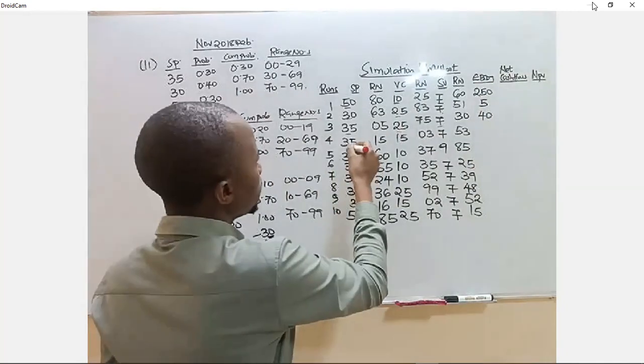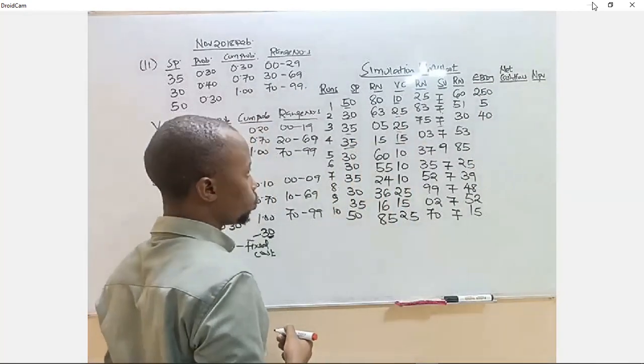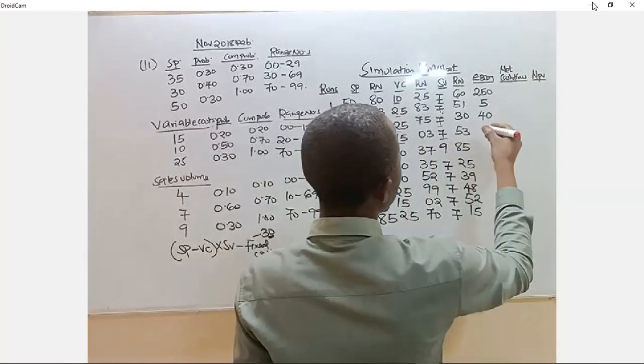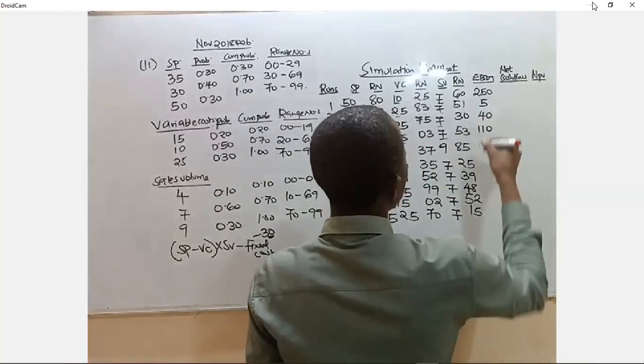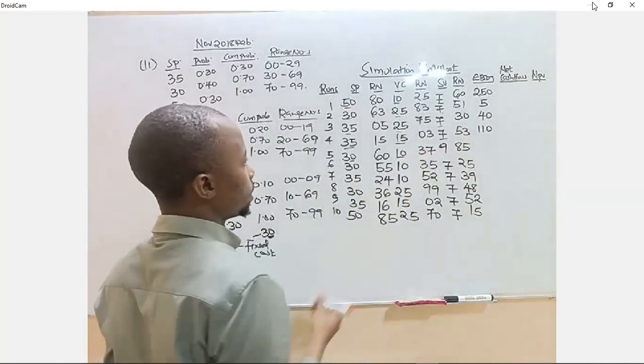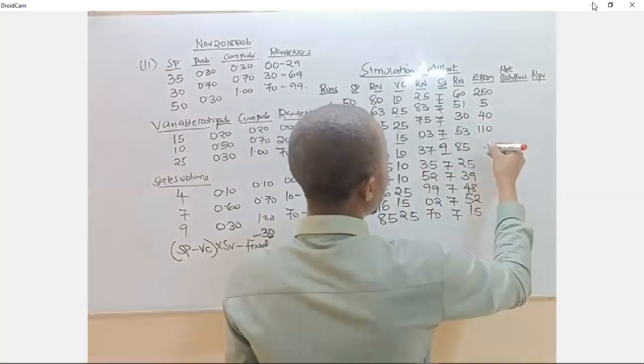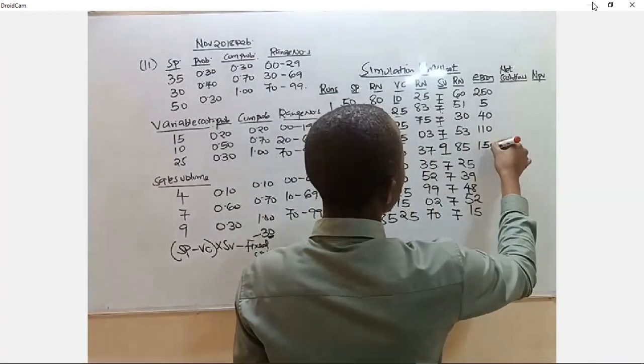The other one will be 35 minus 15, right? Getting 20, times 7, 140, minus 30, 110. Next, 30 minus 10, 20. 20 times 9, 180, minus 30, right? You get 150.